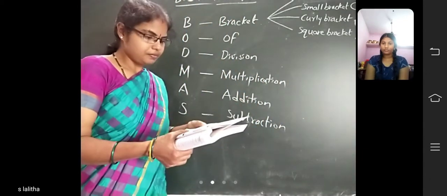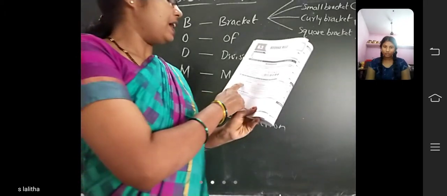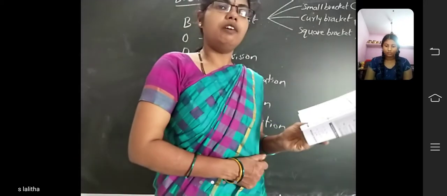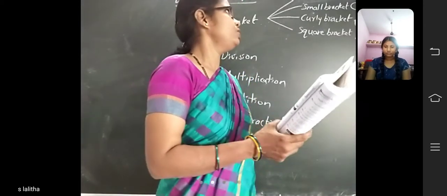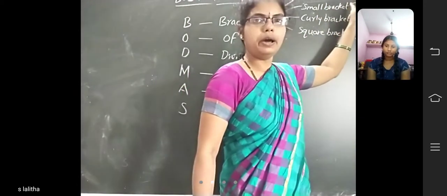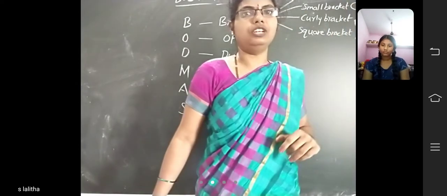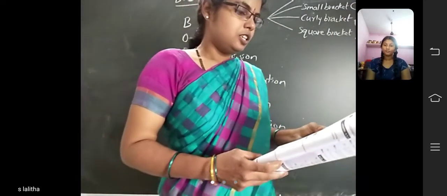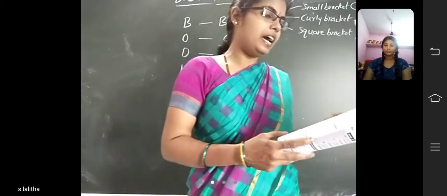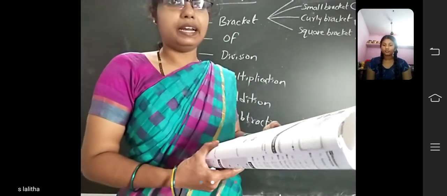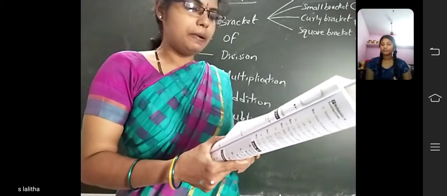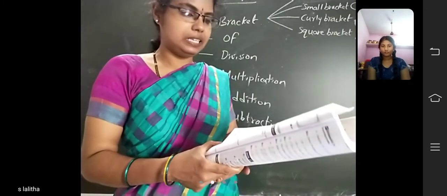See the bracket symbols. This bar is equal to vinculum, or we call it bar bracket or line bracket. Vinculum or bar bracket or line bracket you call. Next, small brackets: parentheses, circular brackets, or common brackets. Next, curly brackets or flower brackets or braces.